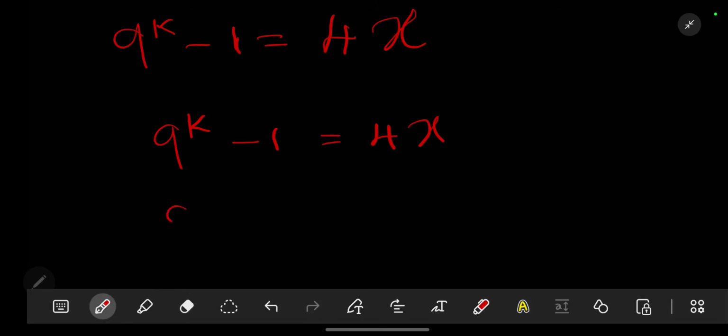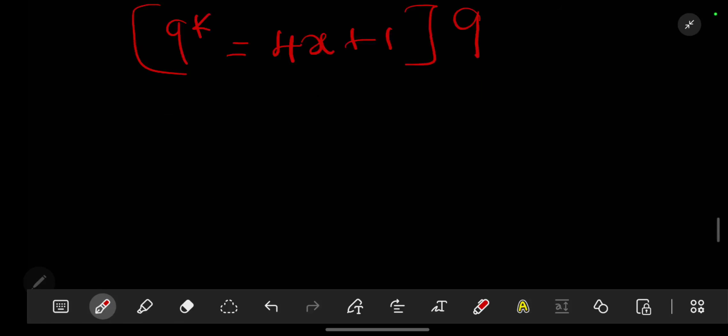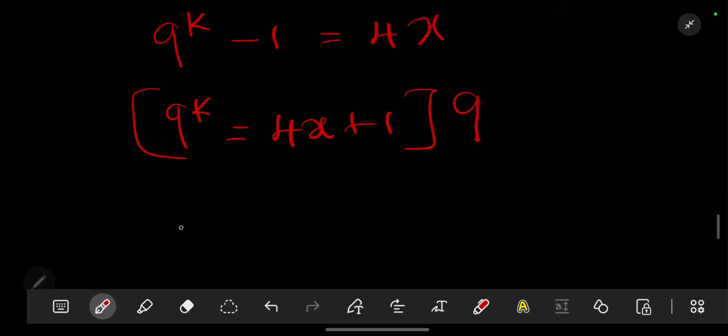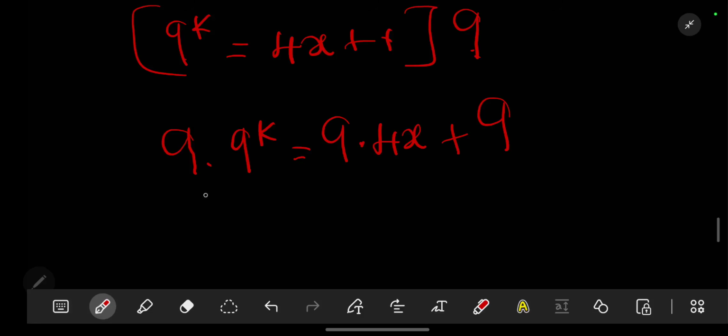So we have 9 to the power k equal to 4x plus 1. We multiply this by 9, so 9 times 9 to the power k is equal to 9 times 4x plus 9 times 1, which is 9. Taking one base, we add the powers.